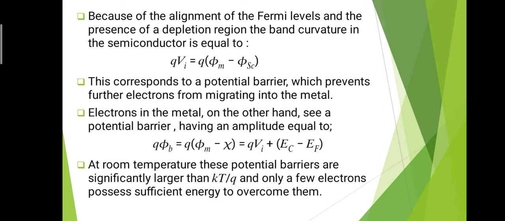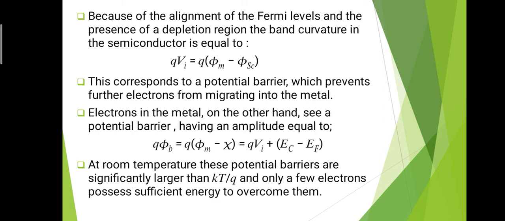There is a difference in the work function of the metal and the semiconductor, and we know that the work function of the metal is greater than that of the semiconductor. So subtracting the work function of the semiconductor from that of the metal, we get the depletion region due to the transfer of electrons.